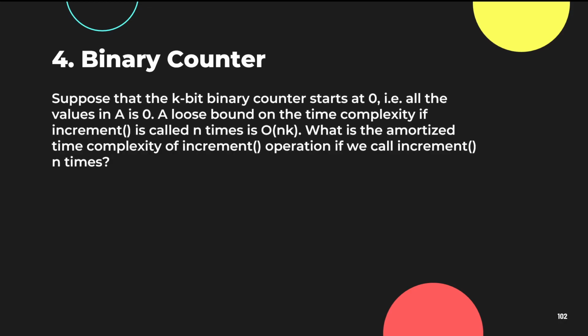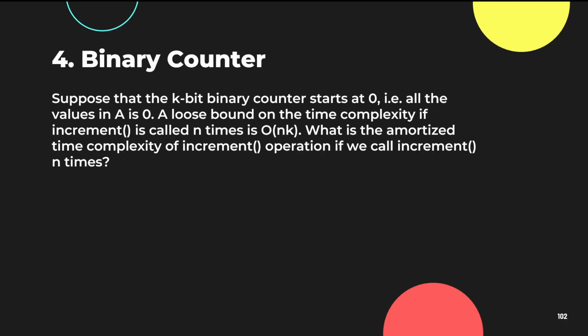Then, suppose that the k-bit binary counter starts at 0, i.e. all the values in A is 0. The loose bound is, of course, whenever you want to flip, we can assume that your operations here will actually be the number of times you have to flip the bits. Okay? If you have to flip everything, then that will be O(k), right?